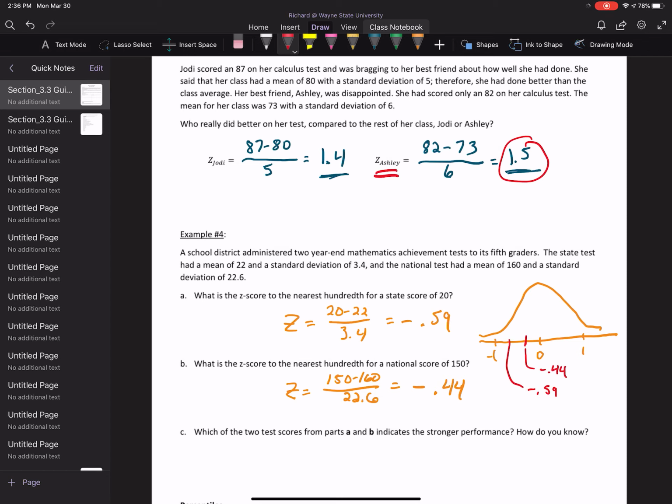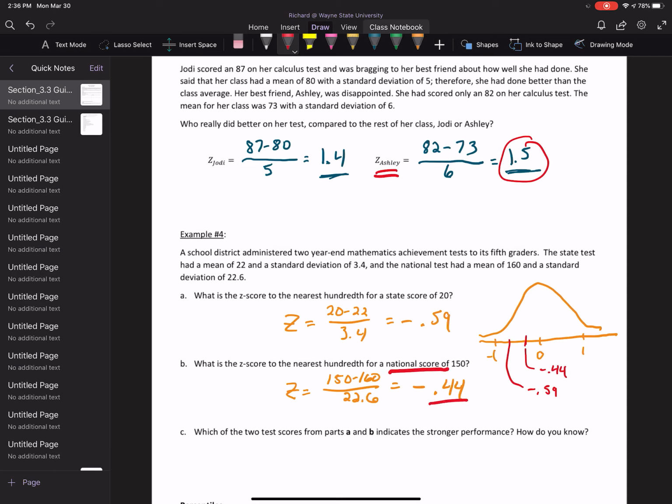Now, if the z-scores are negative, and we're talking about exam scores, we still want the higher exam score, don't we? Isn't that what we're looking for? So in this case, what you want to know is which one of these scores is closer to the mean. Which one is closer to the mean? That would have to be the national score, right?